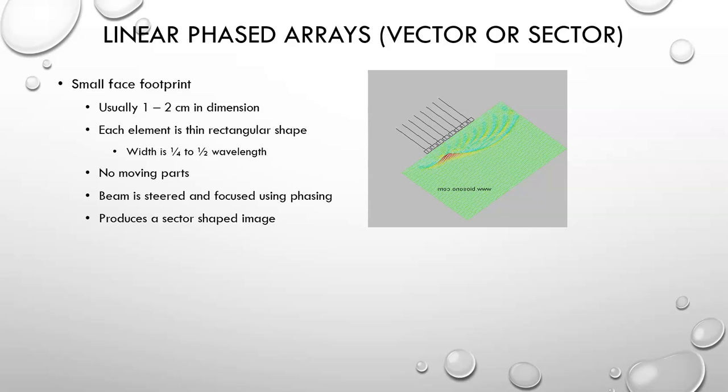This will produce a phase shape, and so we see in this little picture the different timing. This crystal fires first, this crystal fires last, and it steers the wavefront off in this direction instead of going straight. That's very important for our phased array transducers, to be able to use the Huygens effect to steer at an angle.